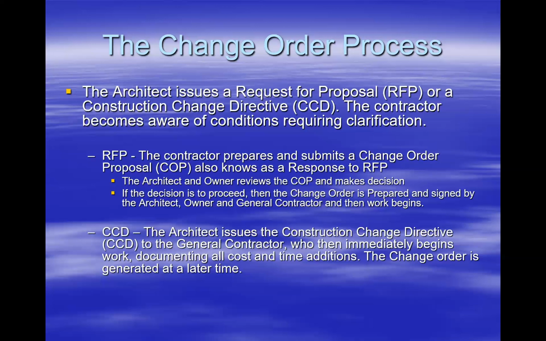It's an instrument, once again, that is given to the general contractor, stating that you are to proceed with this work. And then as you're doing that, you are to be generating, documenting all of the costs, which will be submitted to the architect. And after it's submitted, then the architect would go ahead and generate the change order for everyone to sign off at a later point.